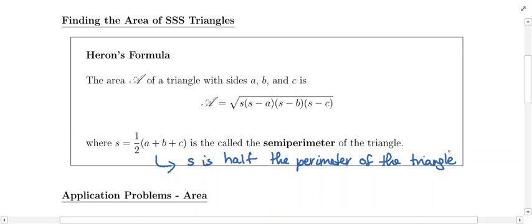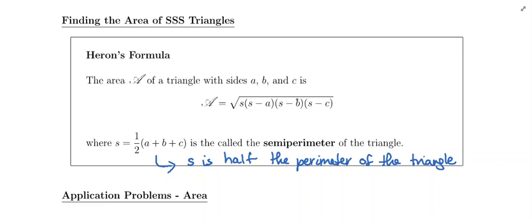Okay, so that's how you're going to get the semi-perimeter, and then once you have it, you just pop it into Heron's formula, and that will give you the area of your side-side-side triangle. So in the next two examples, we're going to try out Heron's formula, and we're also going to try the shortcut for computing the area of a SAS triangle.